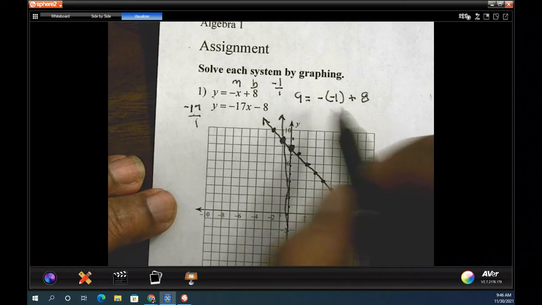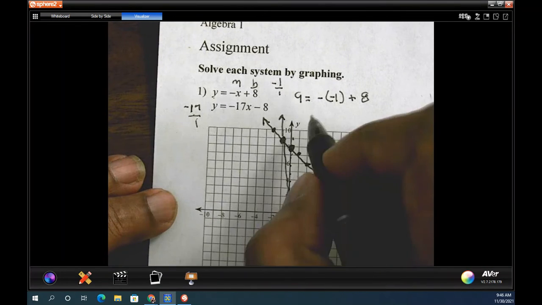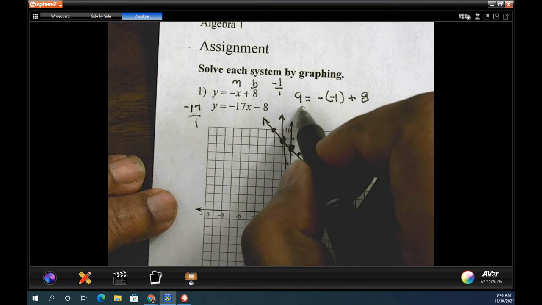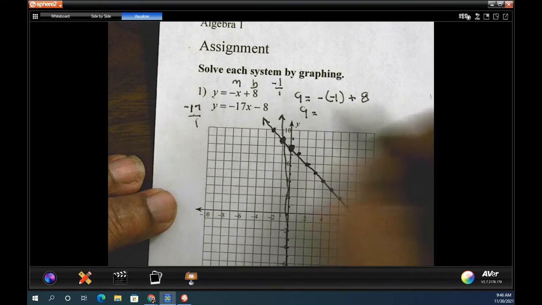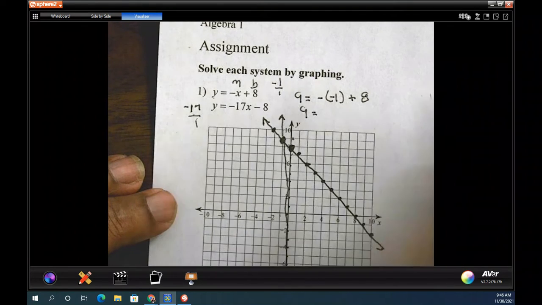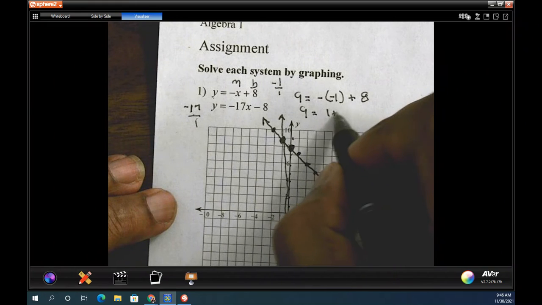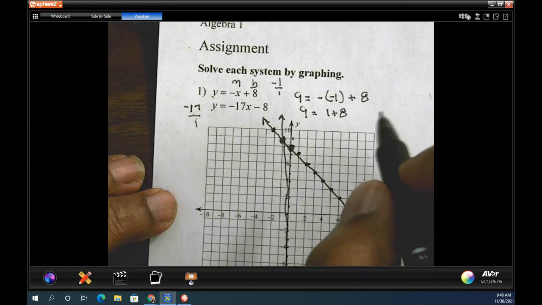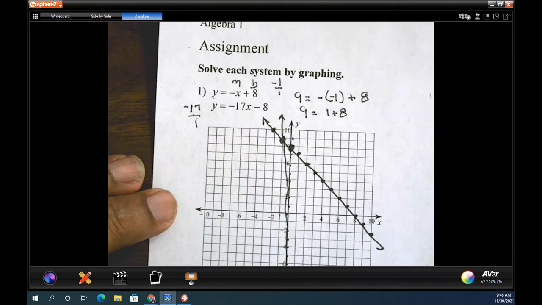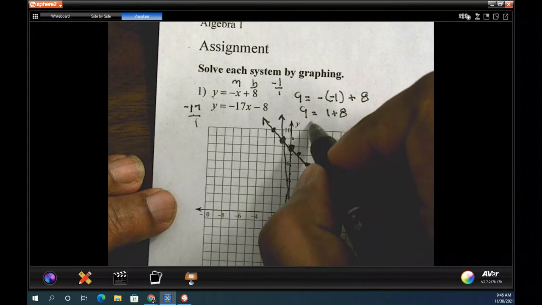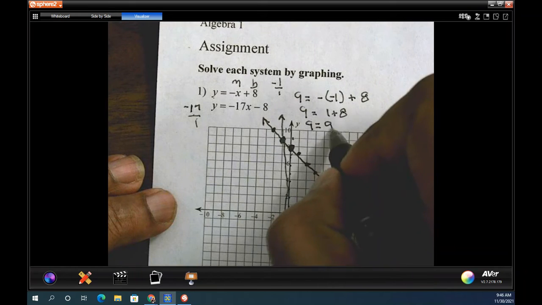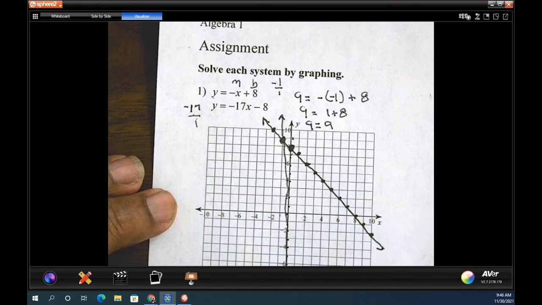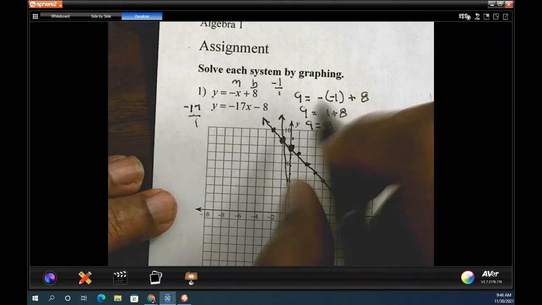Now, what's -1 times -1? Seriously? What's -1 times -1? 1. So it's 1 plus 8. What's 1 plus 8? 9. Now, here's the deal. 9 equals 9. Is that a true statement? Yes, it is. 9 equals 9.